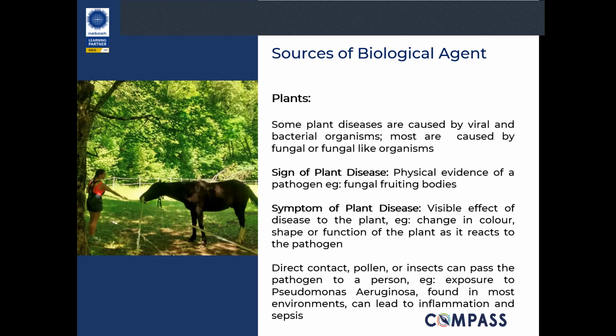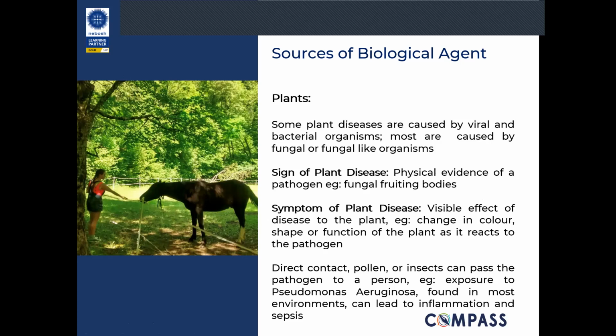Symptoms of plant disease, visible effect of disease to the plant. So it'll change its state on the plant, look a little bit like mold. It'll change in color, shape, or function of the plant as it reacts to the pathogen. Similarly, from that point, it's transferred to people and therefore has an impact.